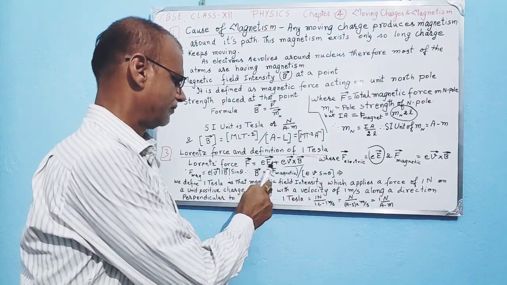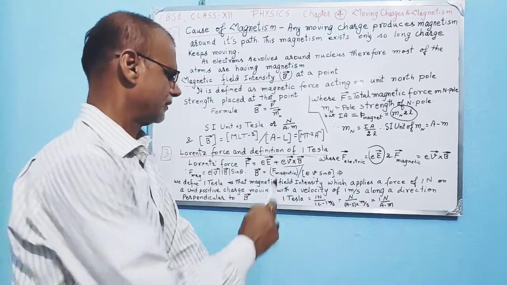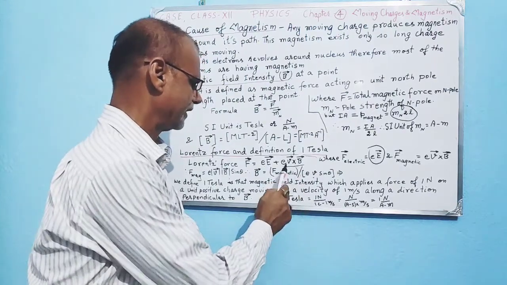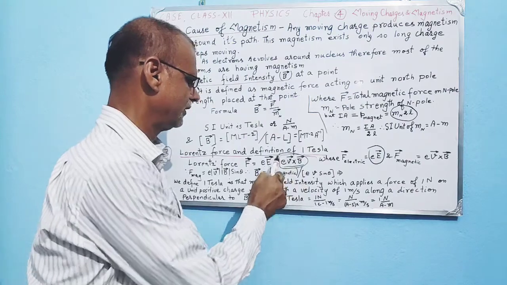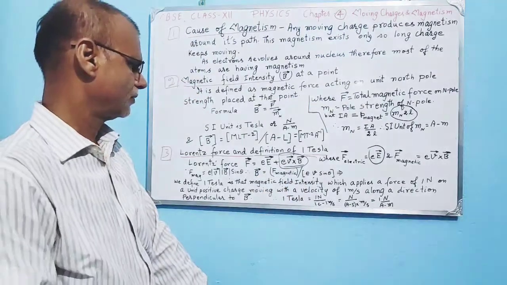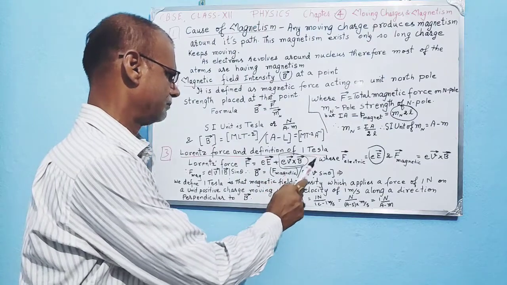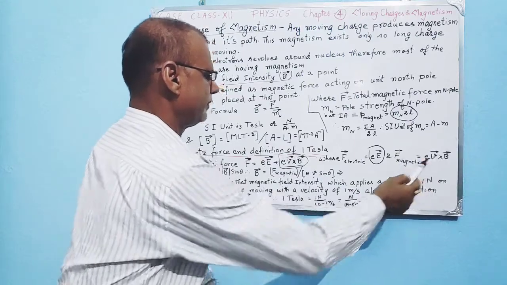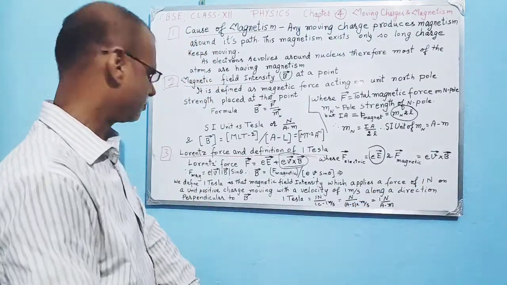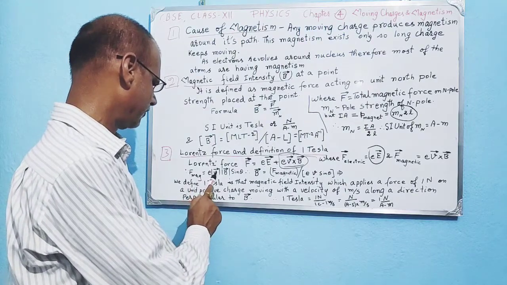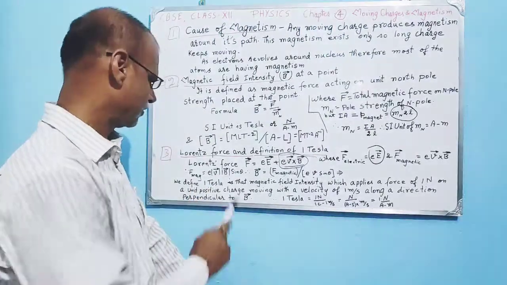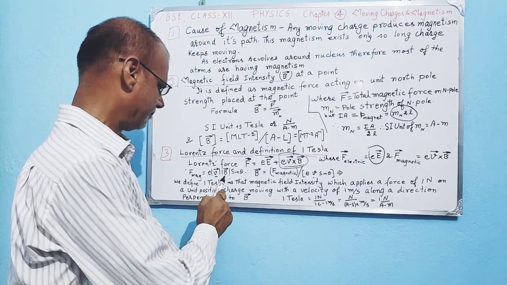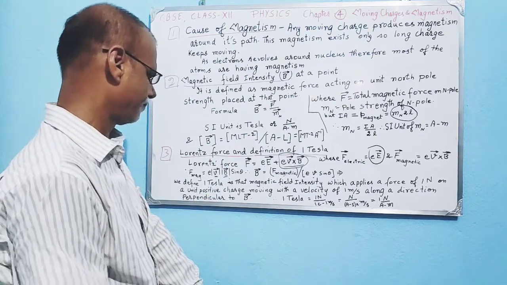This is called electric Lorentz force. This is called magnetic Lorentz force. Now q is the charge on the charged particle moving with velocity v in a magnetic field B, and it experiences a force equal to q v cross B. So from this expression for magnetic Lorentz force, we have F equal to q v cross B. If we expand the cross product, magnetic force is equal to q into magnitude of v, magnitude of B, sin theta, where theta is the angle between the velocity of the charged particle and B, the magnetic field intensity existing.